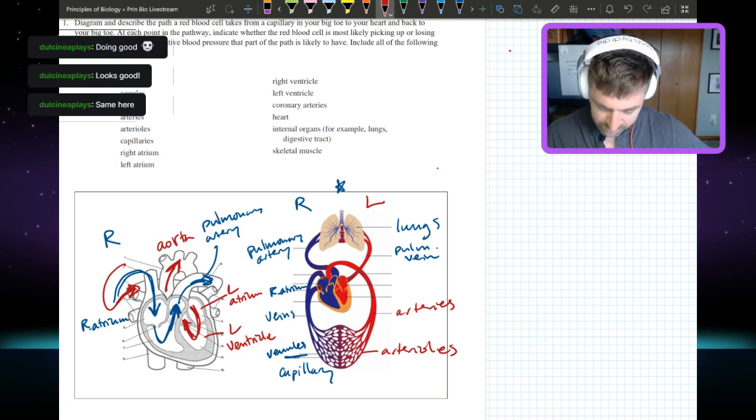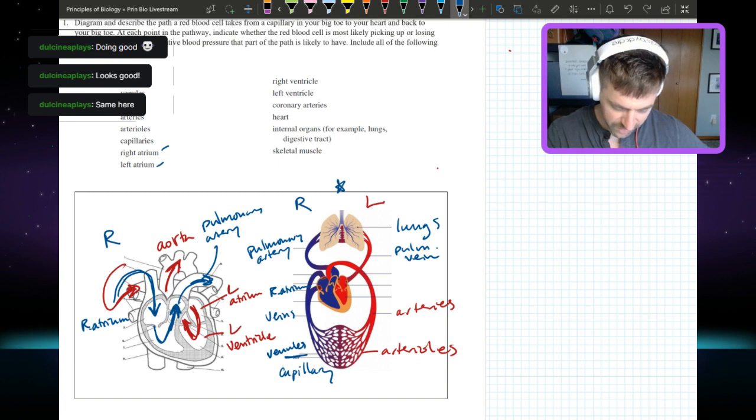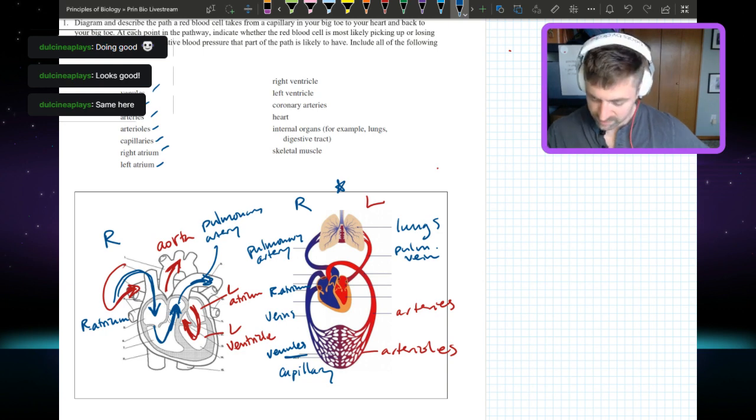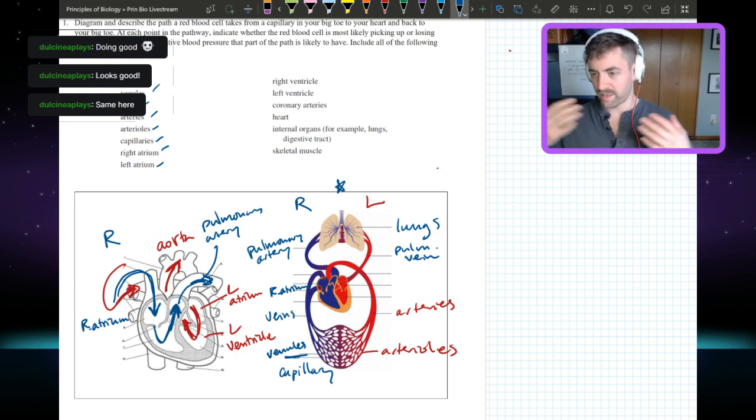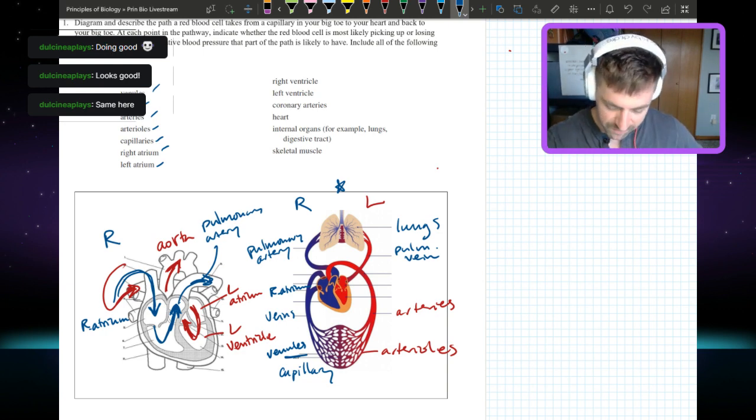What am I forgetting? We kind of touched aorta. Aorta is the big one coming from the heart to the rest of the body.